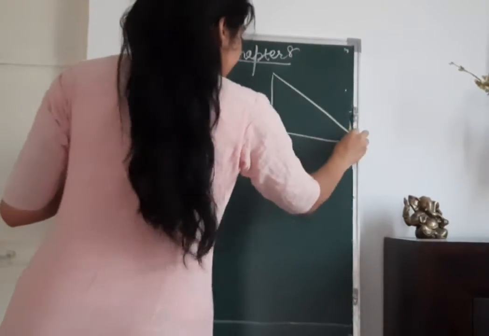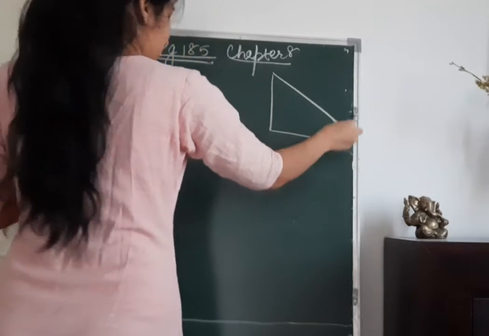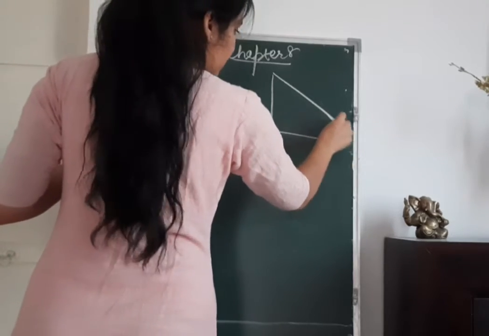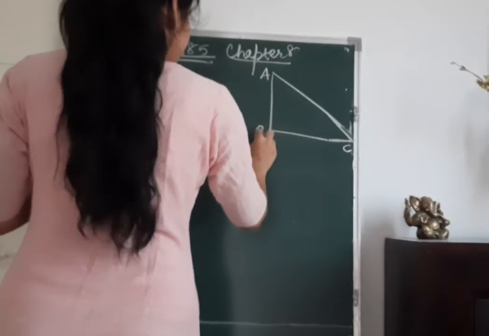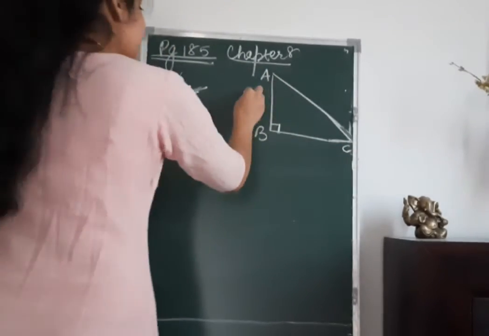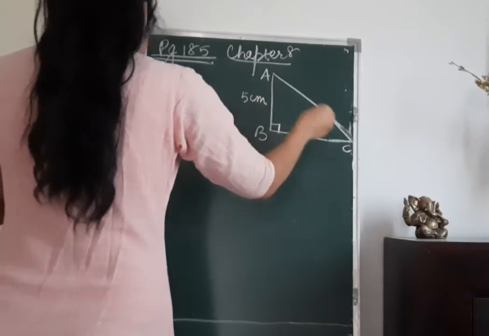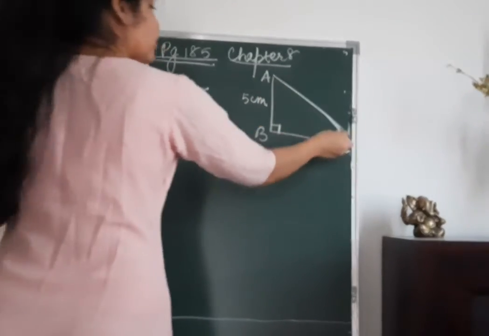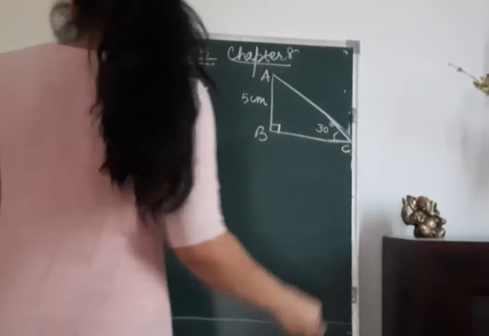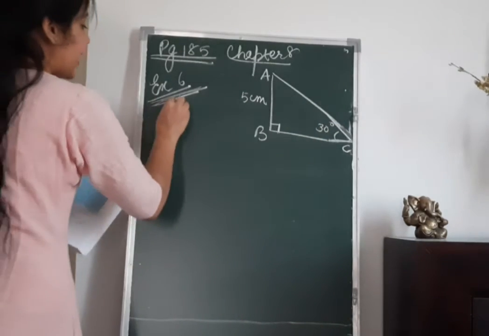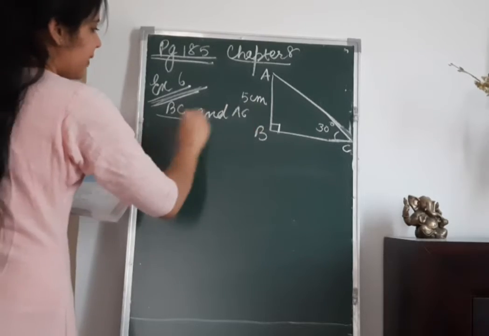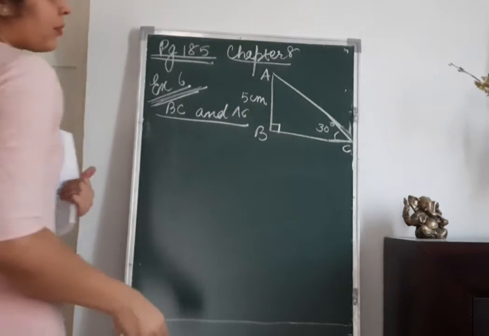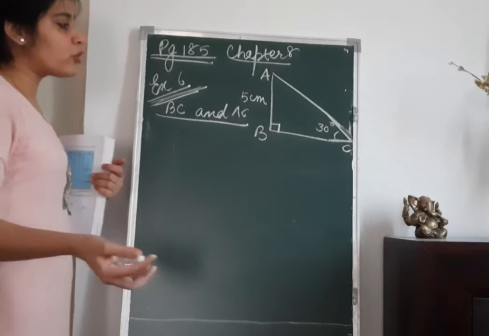This is a triangle ABC, this is C, this is A and this is B. This is right angle at B. AB is equal to 5 cm. Angle ACB is equal to 30 degree. And now I have to find out the sides BC and AC. Right? Okay, let's see how we are going to do this.